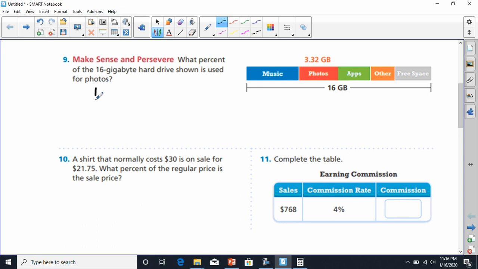The part is going to be equal to the percent times the whole. Well, we know the whole is 16 gigabytes.